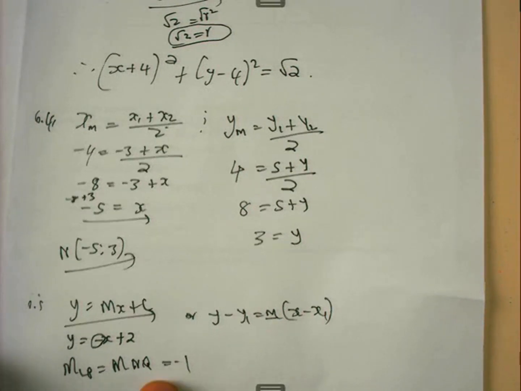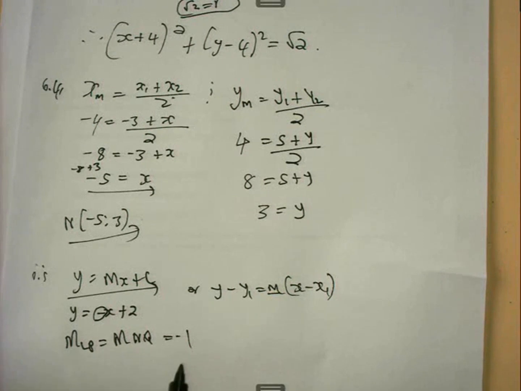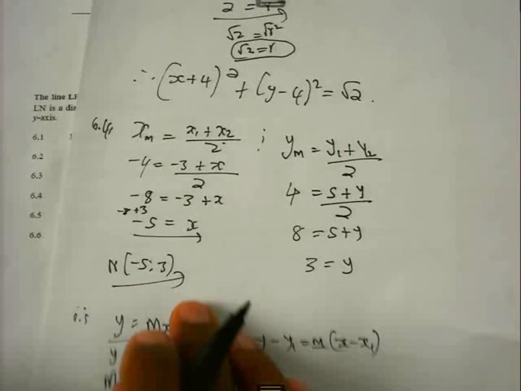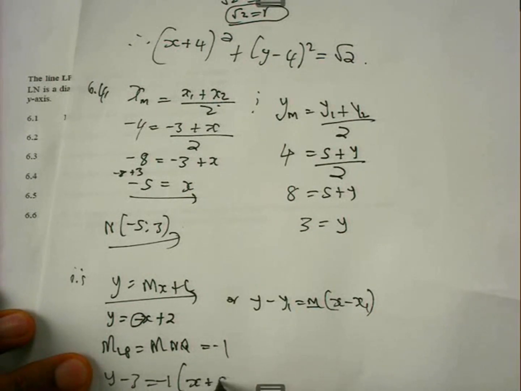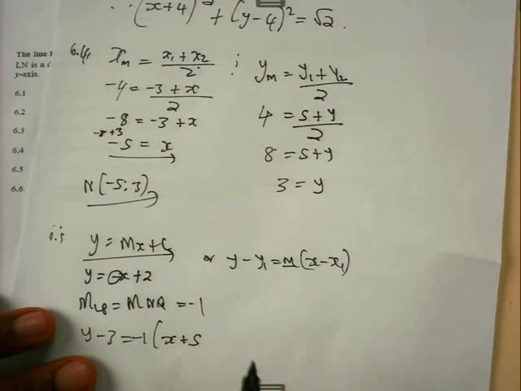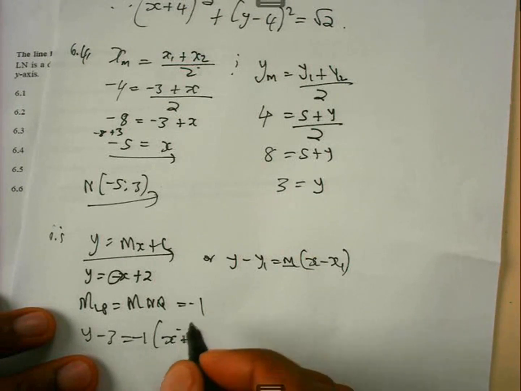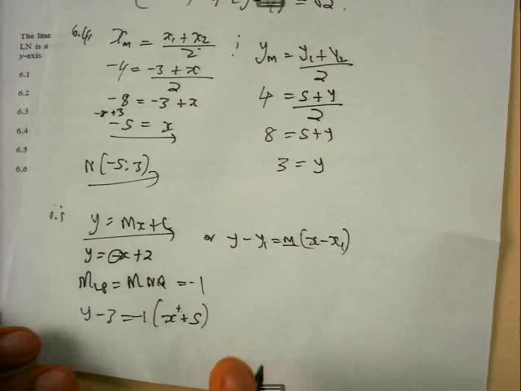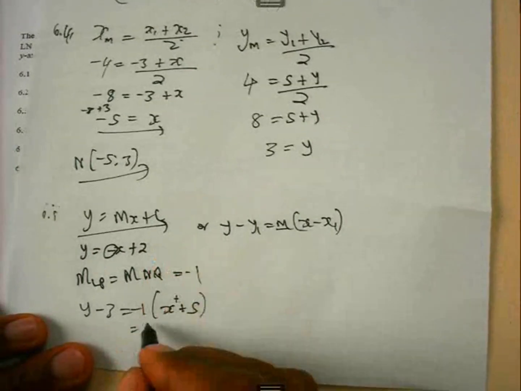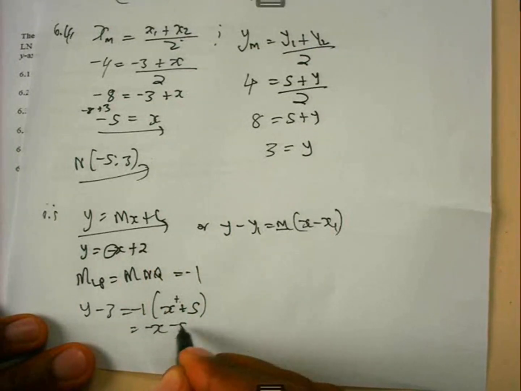Now you have the gradient, so you just say y minus 3, taking the values at point N, equals negative 1 into x plus 5. Why x plus 5? Because negative times negative 5 gives us positive 5. From here we have negative x and negative 5.